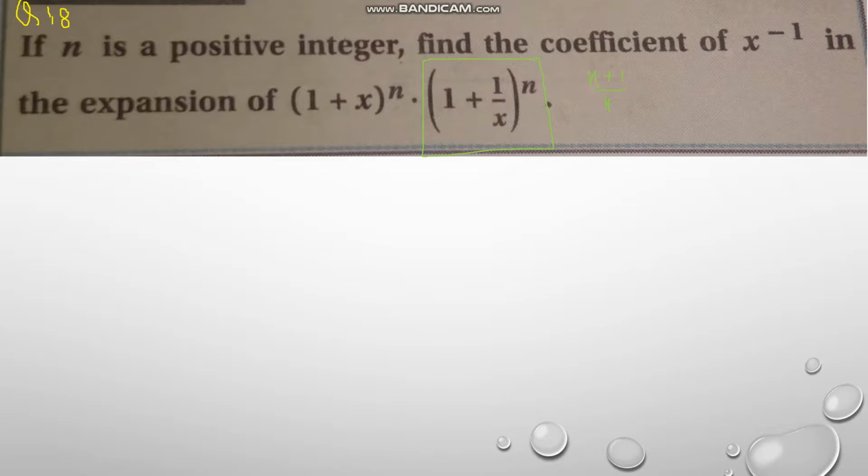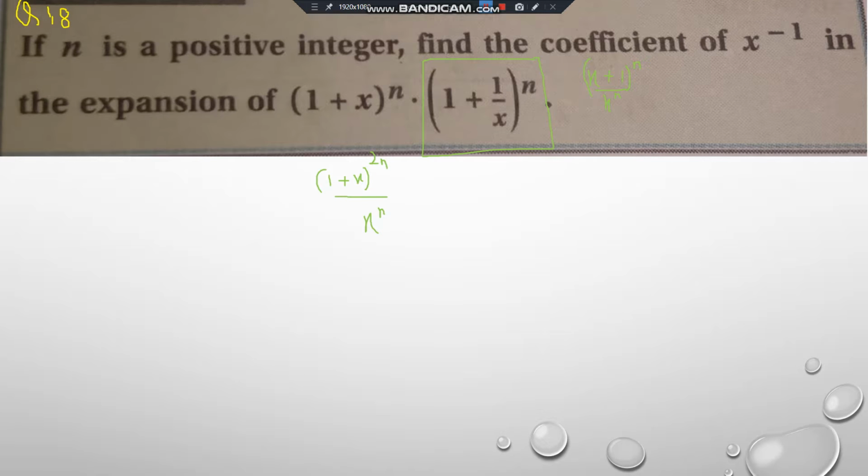This is the process I am using; one may use some other process as well. So I can write this expression as (1 plus x) whole to the power 2n divided by x to the power n.